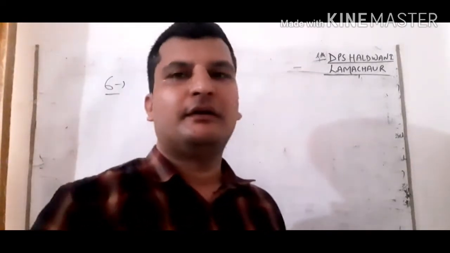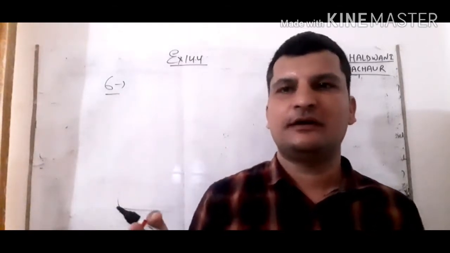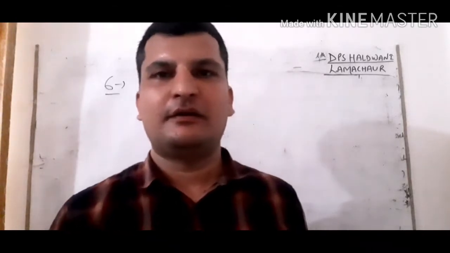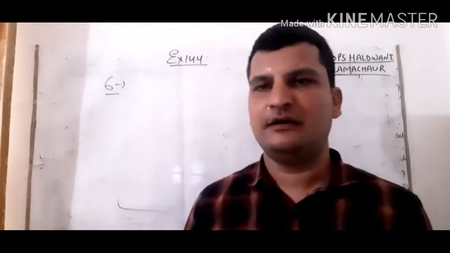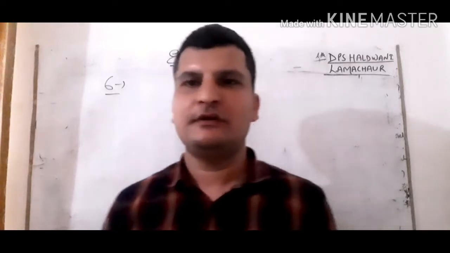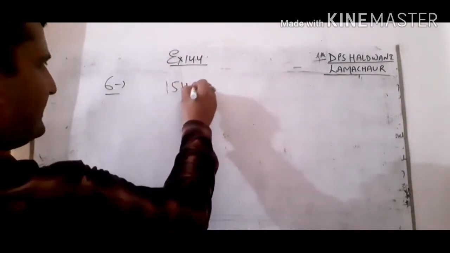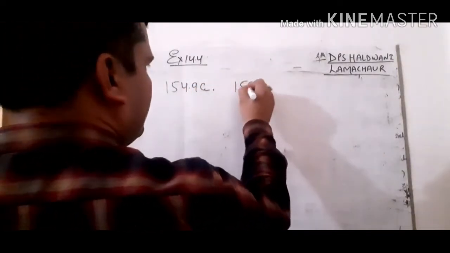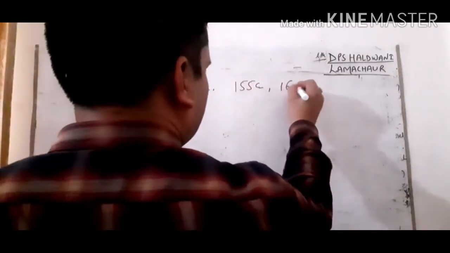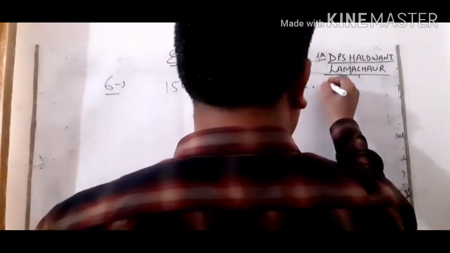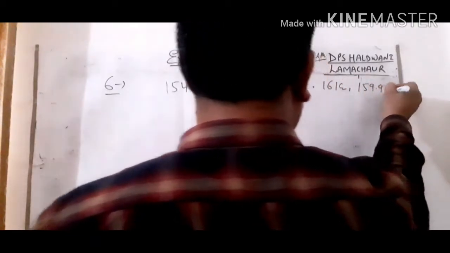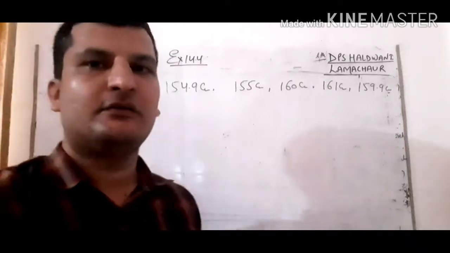We will use the mean when the values of the data are very close, meaning nearby. Suppose I am finding the height of 9th class students. I write 154.9 centimeters for one student, 155 for another, 160, 161, and 159.9 for others.